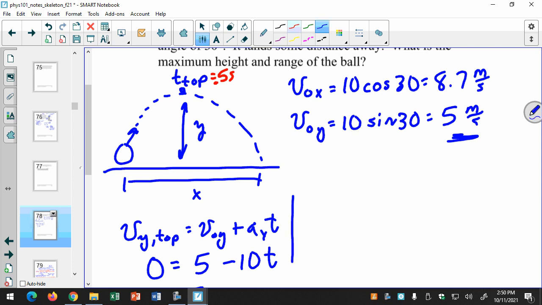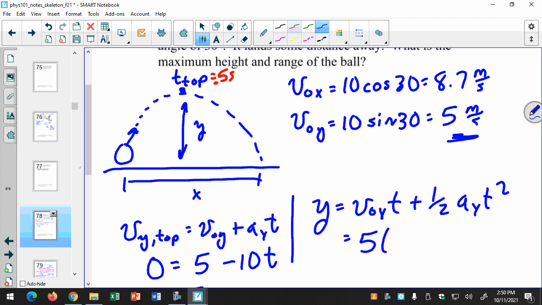Then I can find the y position. V naught y t plus 1/2 ayt squared. That's equal to 5 times 0.5, because I want to know y at the top. So I use t top, minus 5 times 0.5 squared. One and a quarter, 1.3 meters.